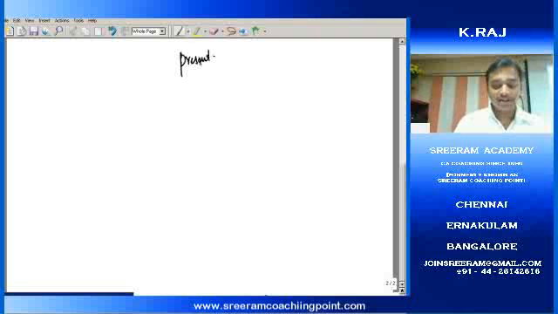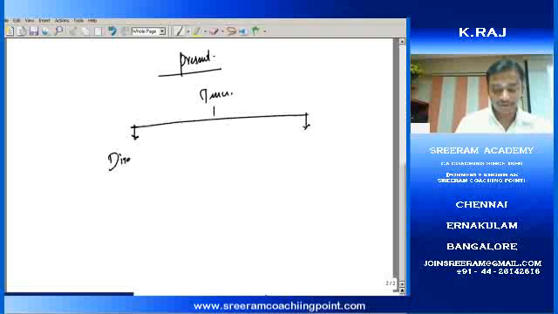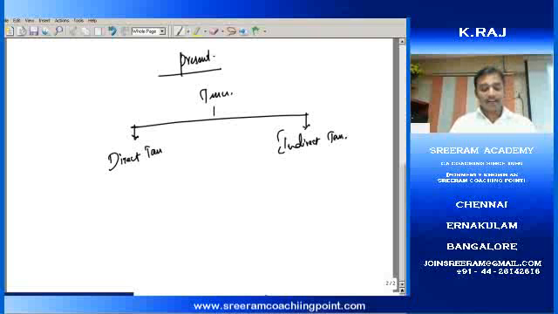In the present, taxes are divided into two: direct tax and indirect tax. Am I right? This direct tax we don't need, so our concentration is only on indirect tax.